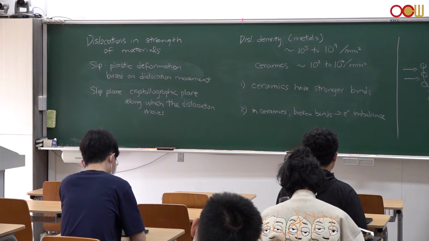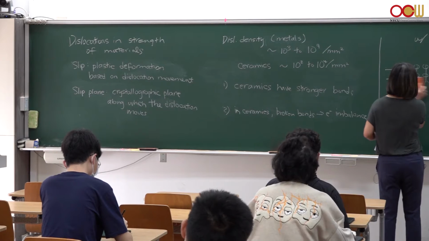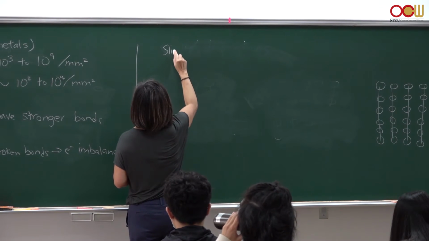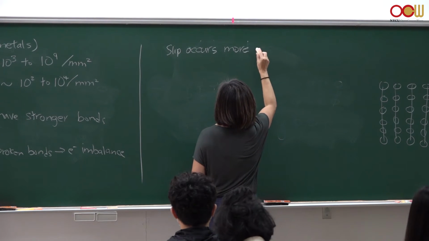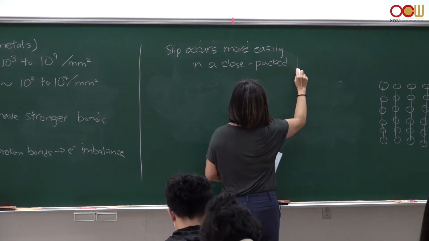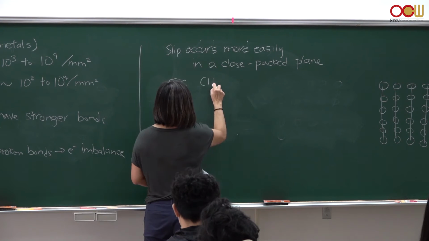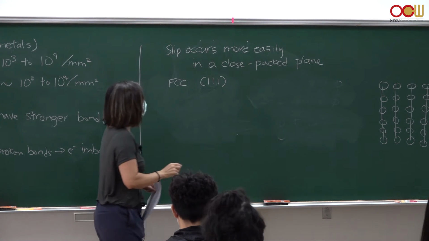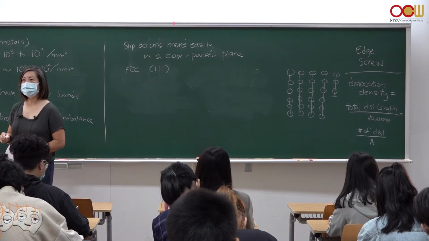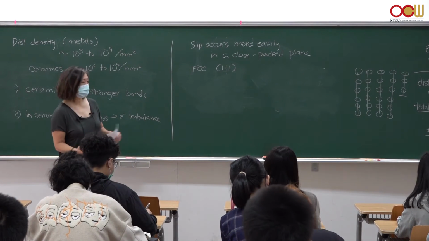Then we talked about slip and slip planes. So slip happens more easily in a close packed plane. So in FCC, the 111 would be a very good slip plane because that's the densest plane in the FCC.